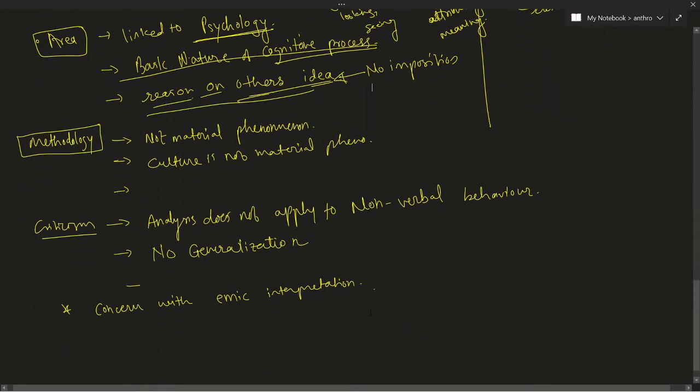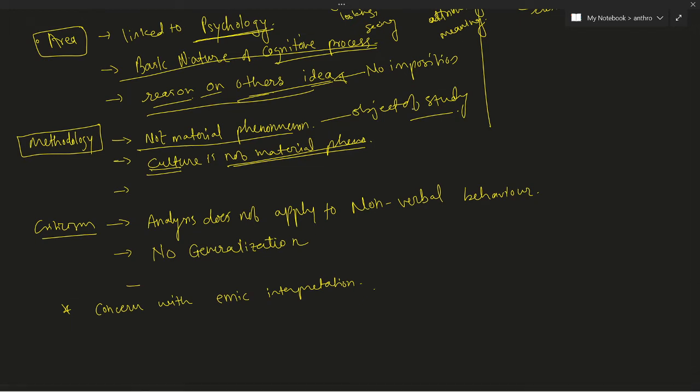The next is about the method, or methodology. As you know, the object of study is not a material phenomenon. Why? Because culture is not a material phenomenon. Culture is basically a non-material phenomenon, and hence the object of study is non-material, because whatever is happening, it is happening in the minds of people.